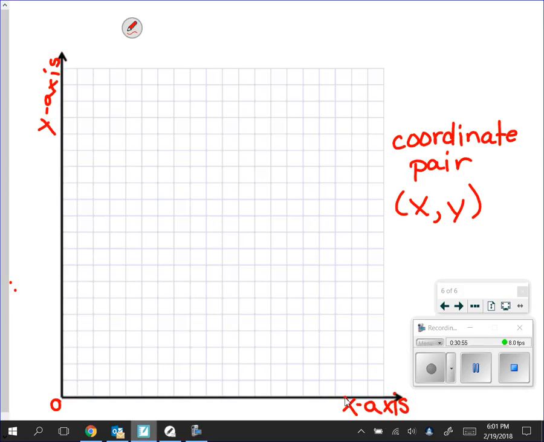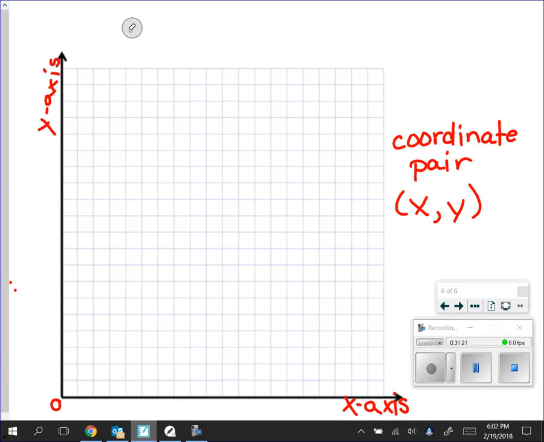I know that some people go up and then over. Airplanes don't take off that way. So if I were going to ask you to create a coordinate grid or plot points, you would need to label it.